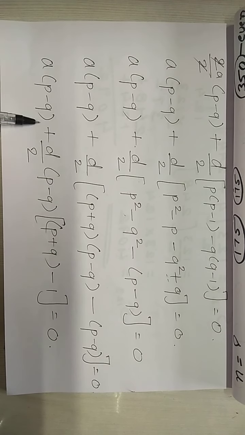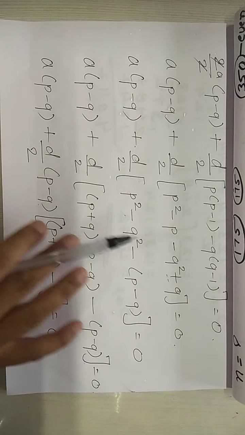So a p minus q plus d upon 2. P minus q and p minus q are common here and here. So p minus q comes out and inside the bracket you have p plus q minus 1 equal to 0. Now after this we have p minus q in the first term, p minus q in the second term.